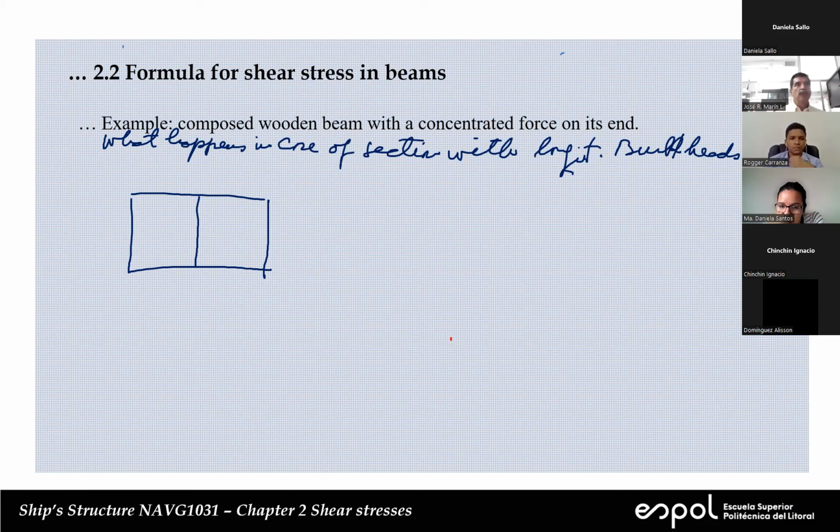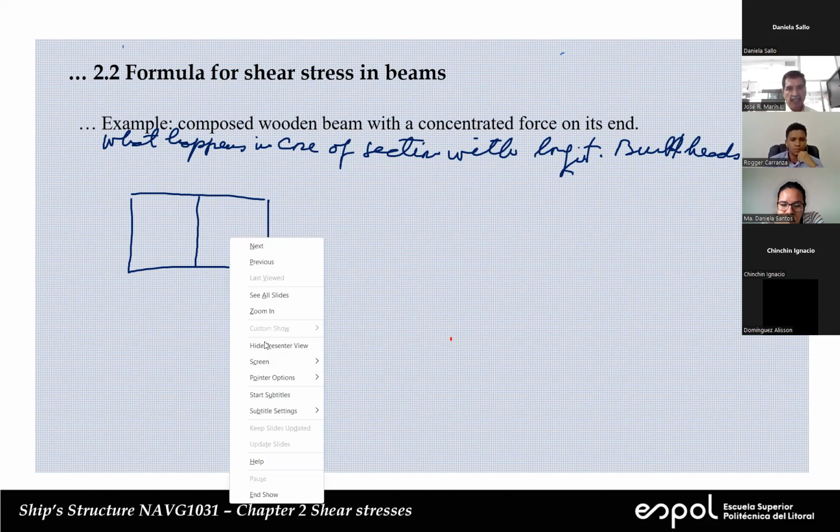Now, let's go to structures. Here, let's suppose that we have a positive shear force. What's going to be the shear stress distribution that we expect? Anybody?